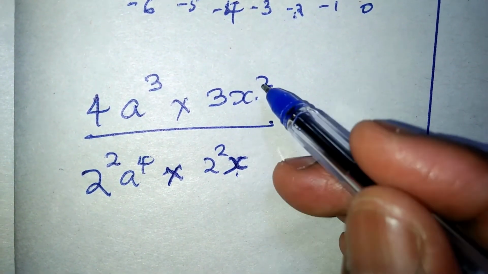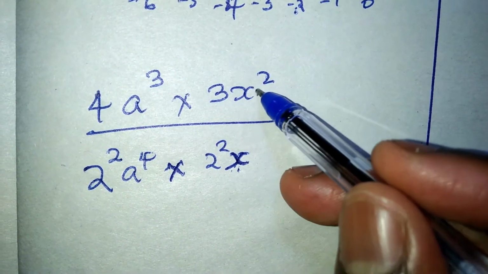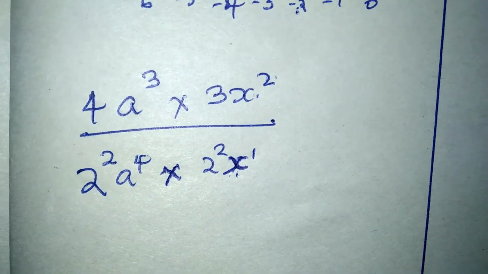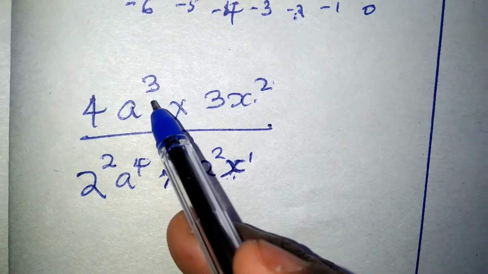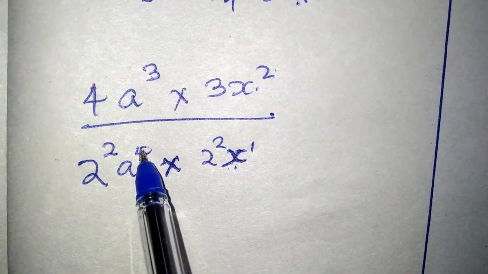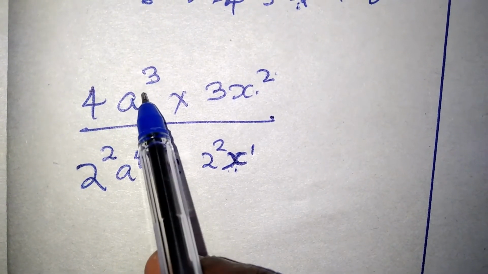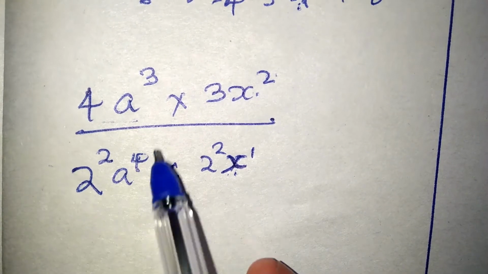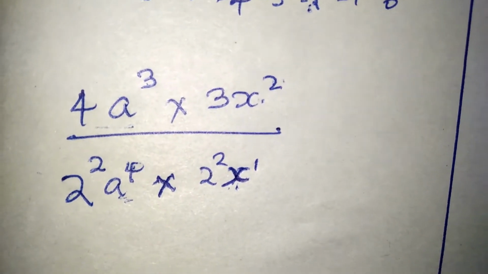You can simplify by subtracting. Here we subtract 1 because this is x raised to power 1. And in this other case, we can subtract the reverse way. We subtract 3 from 4, and 3a will go away. The a in the numerator will go away, and in the denominator we'll be left with only 1a.